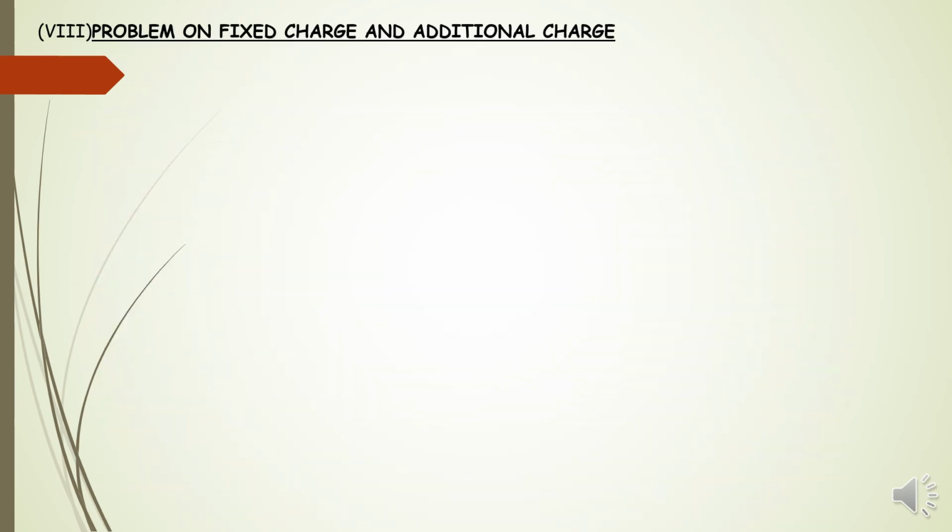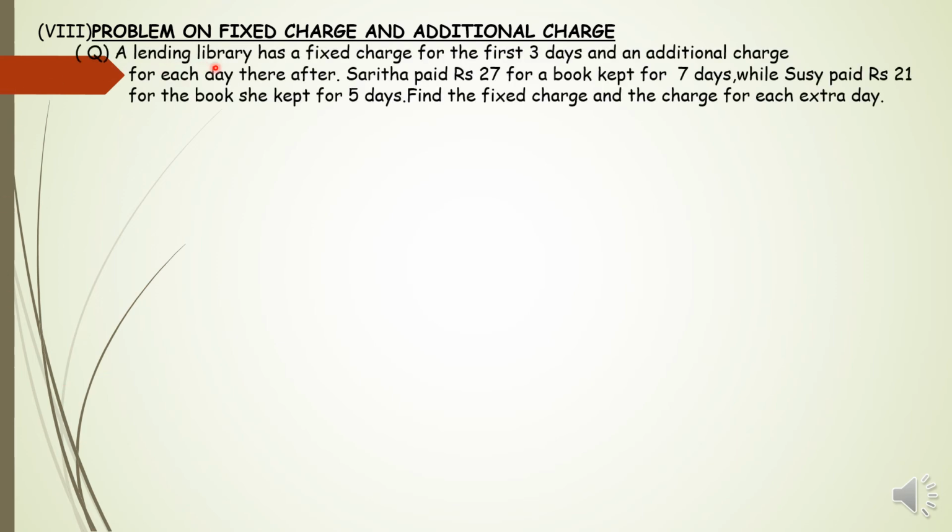Next is a problem based on fixed charge and additional charge. Question. A lending library has a fixed charge for the first 3 days. That means you can keep a book from that library for a fixed charge for 3 days.